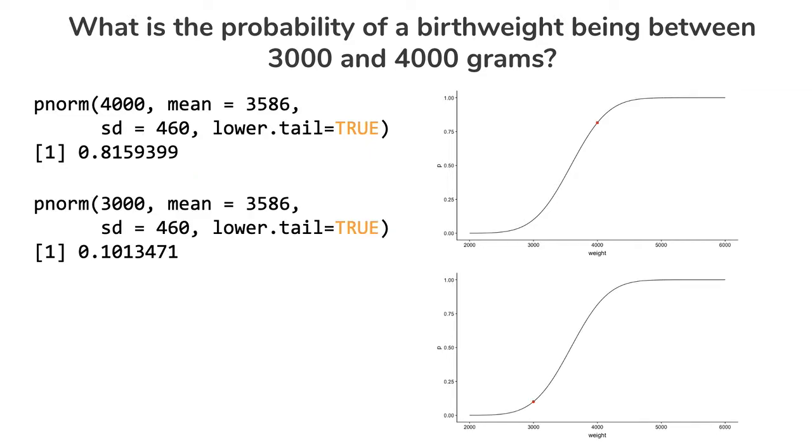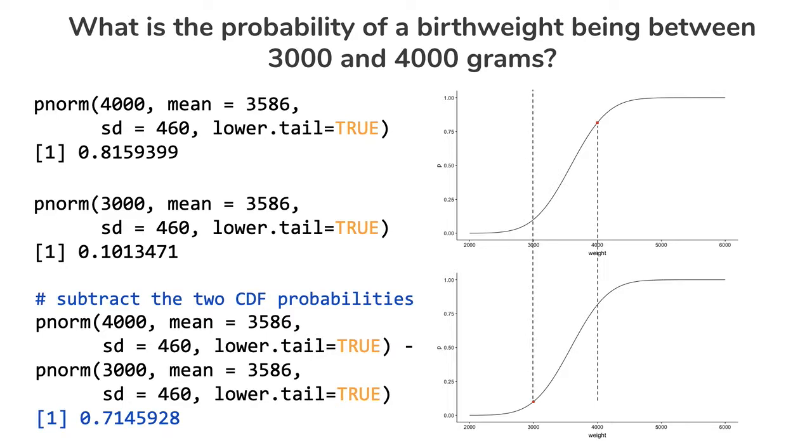Then we compute the probability of a birth weight being 3,000 grams or less. Same function, just plug in a different value, and we get 0.1. Essentially, to compute the probability of being between these two values, we subtract the smaller probability from the larger to compute the area under this cumulative distribution function between those two values. And that tells us there's about a 71% chance that a given birth will be between 3,000 and 4,000 grams.